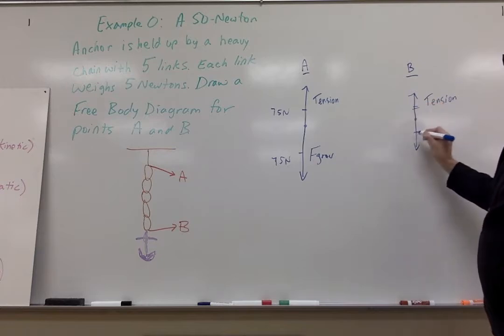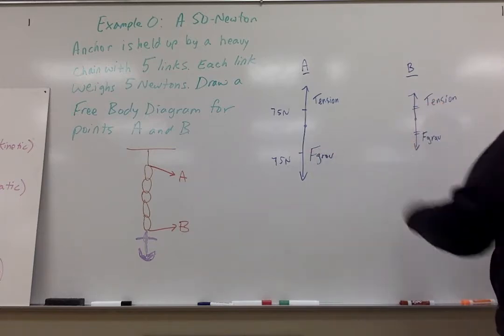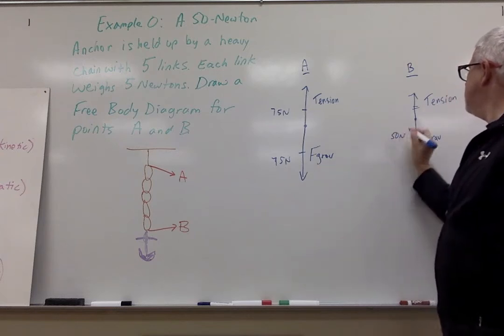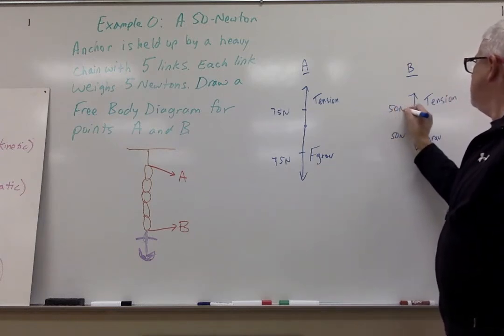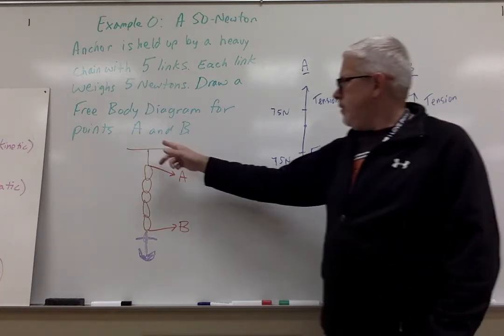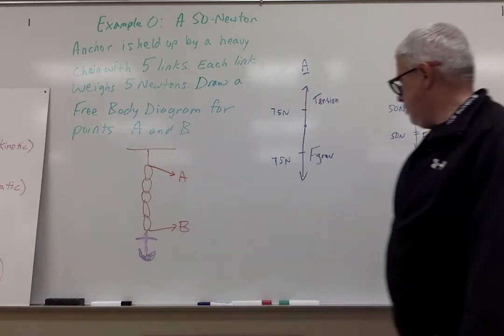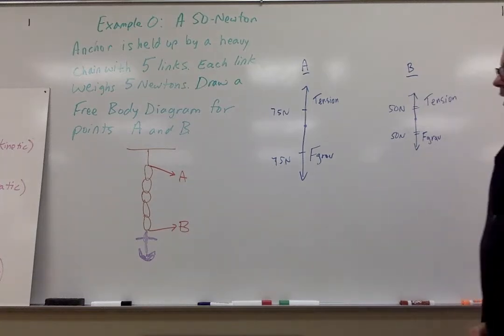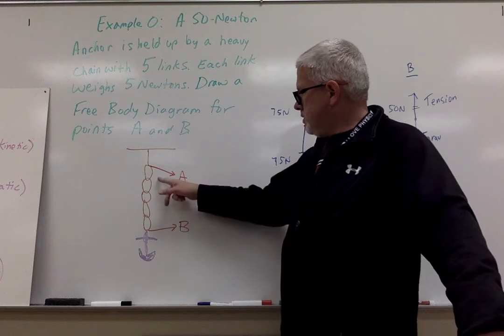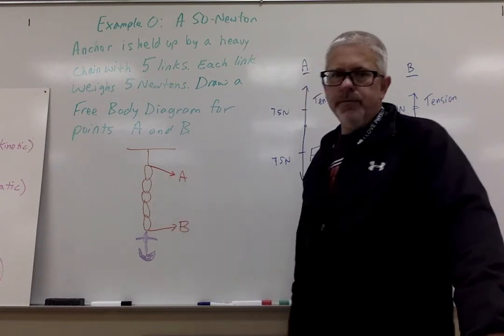I'm going to put 2 hash marks there since they're not the same size as this one. So what that says is if we have a heavy chain, where the mass or the weight of the chain or rope is not negligible, that top link has to be the strongest one because it's holding up the weight of everything else below it.